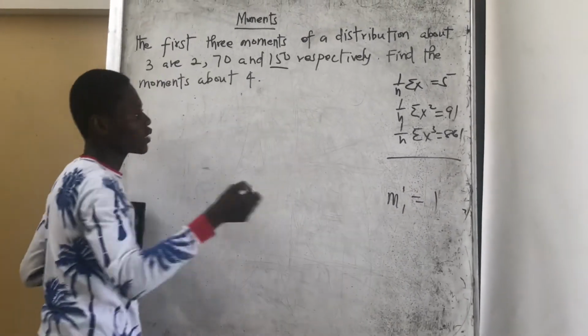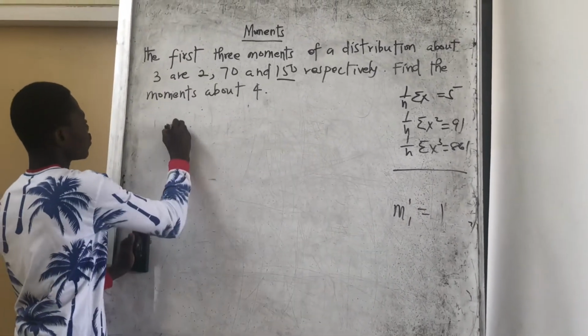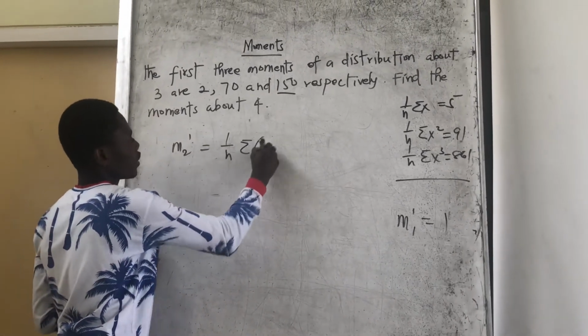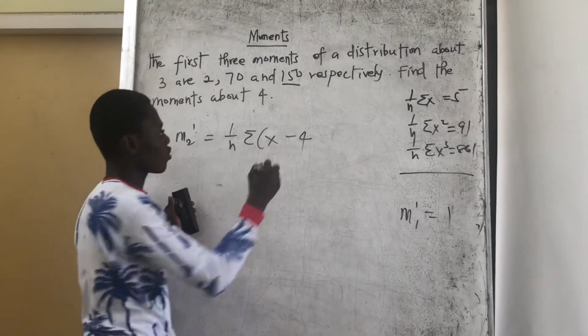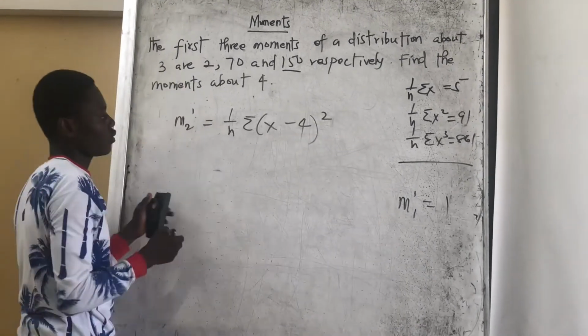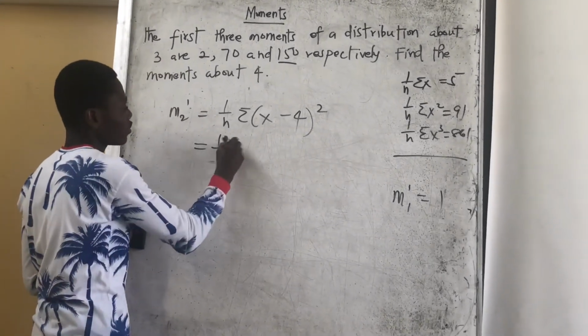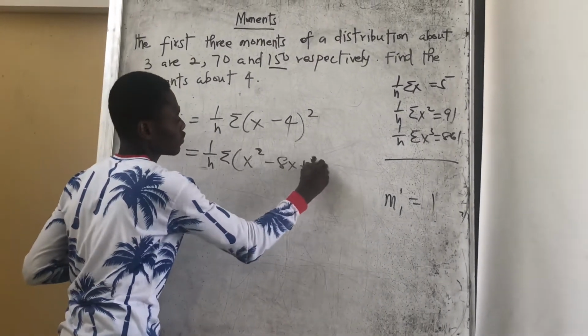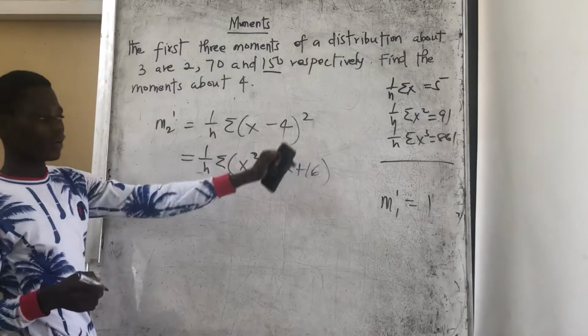So we proceed to the second moment about 4, which is going to be m2: 1 over n sigma x minus 4, because it's about 4 squared this time. So 1 over n sigma x squared minus 8x plus 16. When you simplify this, we are going to get this.